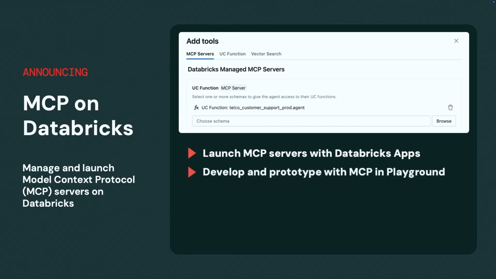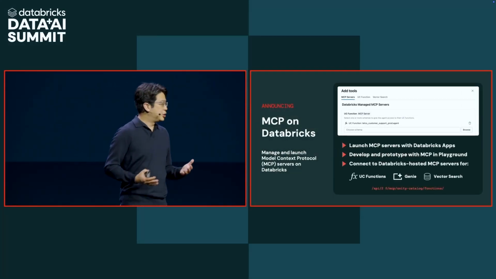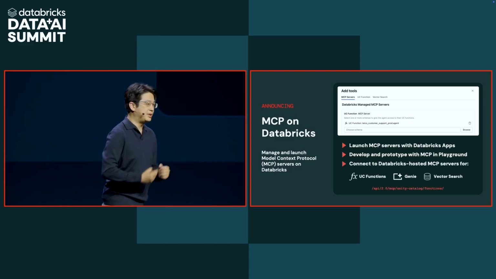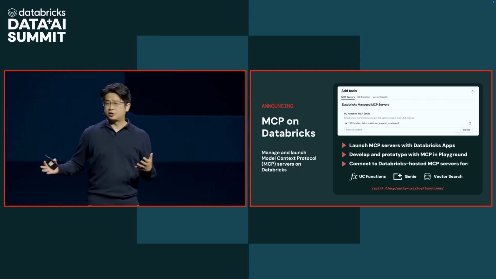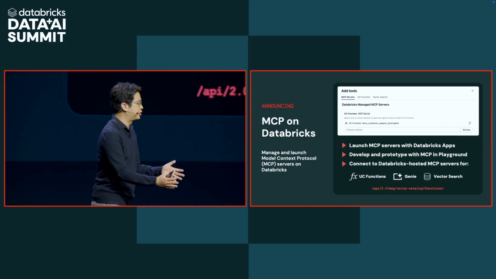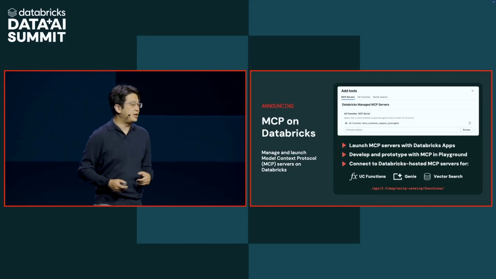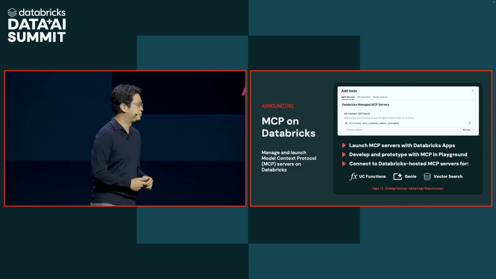You can develop and prototype with MCP integrated directly into Playground as tools. You can also connect to several Databricks-hosted MCP servers for some of our major services like UC Functions, Genie, and Vector Search. And as Casey showed, you can also connect MCP into Agentbricks as well.